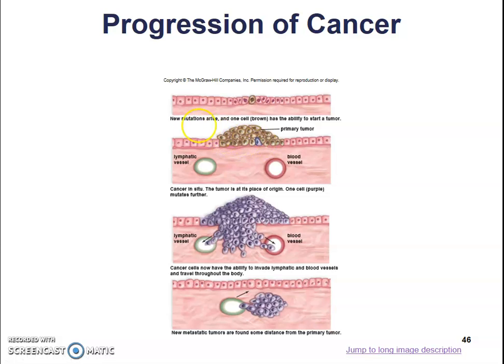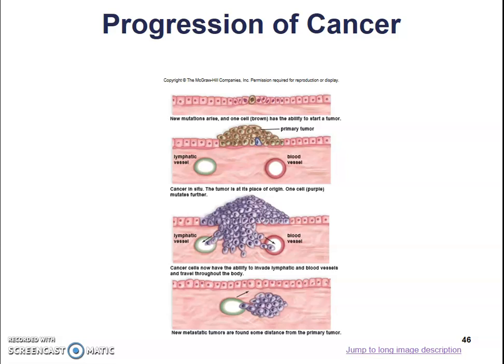It probably took a long time for these brown cells to develop, to have that many of them there. And over time, one of them becomes cancerous, and it doesn't have the signal that causes apoptosis. So it keeps dividing and dividing until it attaches to a blood vessel or a lymphatic vessel.